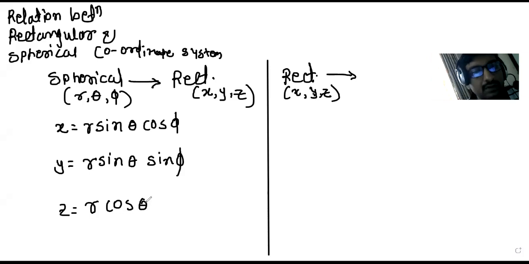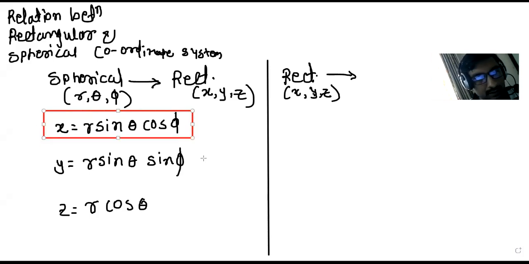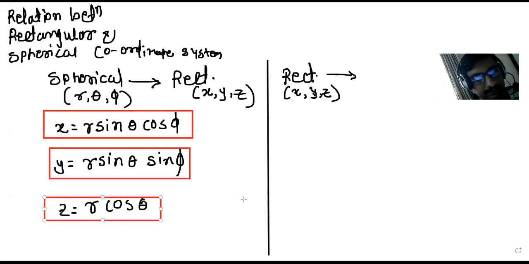Those are three equations by which you can convert a given point into rectangular coordinate system.